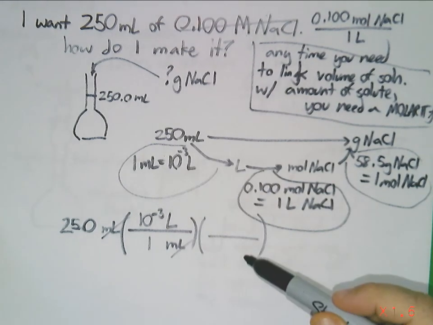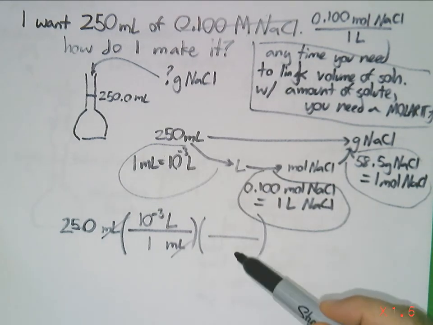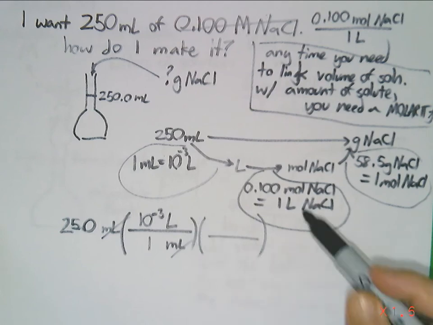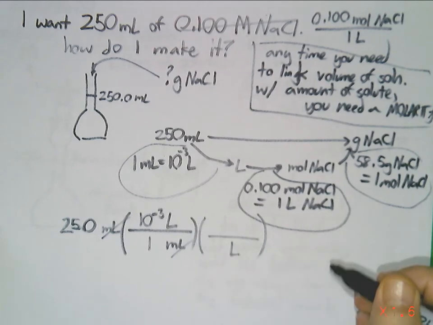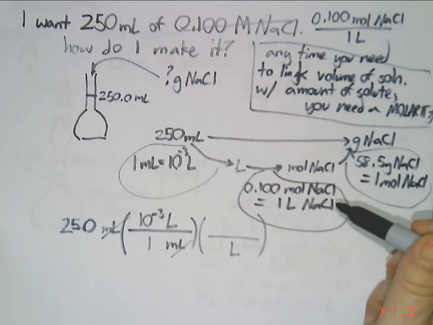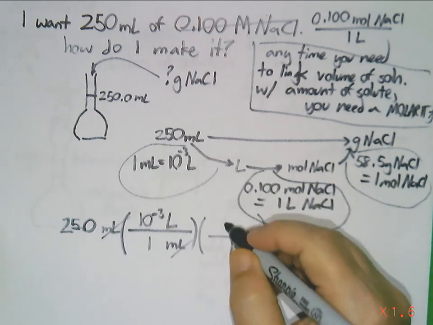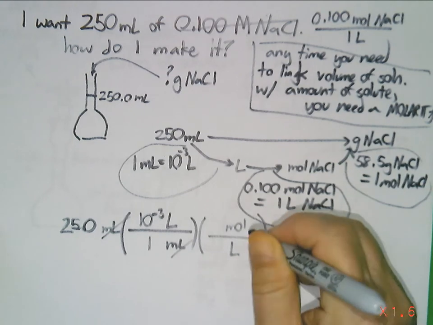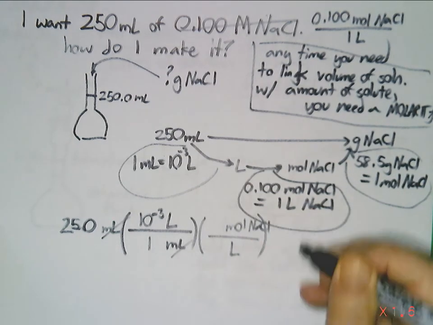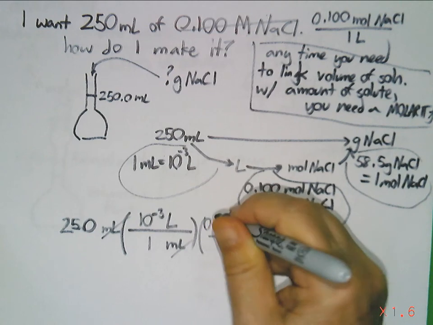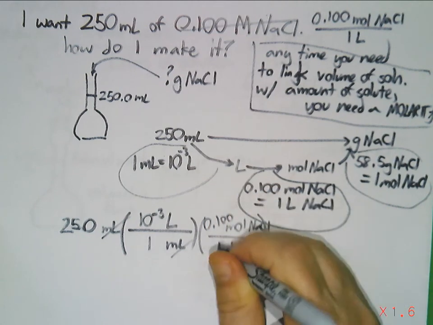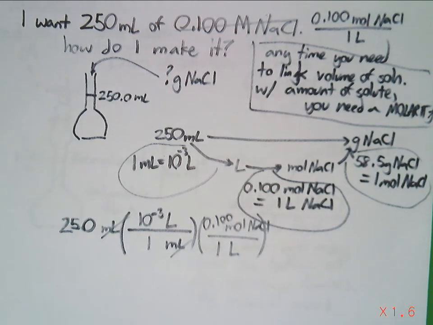Okay, now in my second conversion factor, what has to go on the bottom? It has to be liters, because that's what has to cancel out. So this goes from liters to moles of NaCl. And it's 0.100 moles of NaCl in 1 liter.